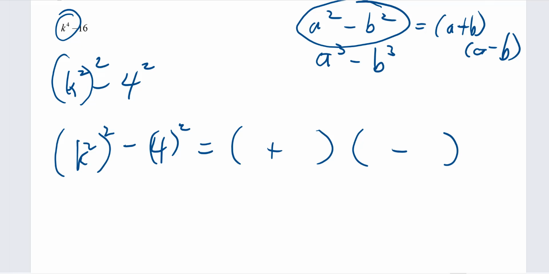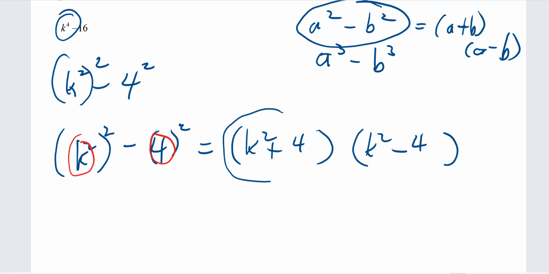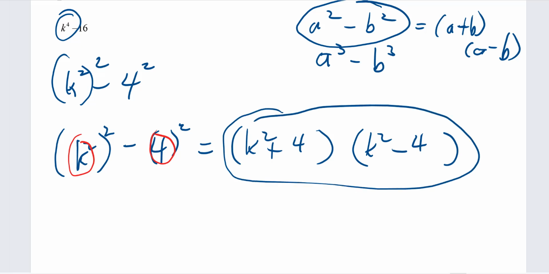The two things, this is a and this is b, are k squared and 4. And you might think we're done, but we're not. It is factored, but factor means, unless you're told otherwise, factor completely, and there's more you can do.